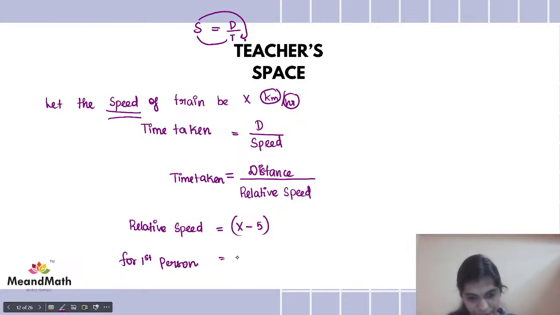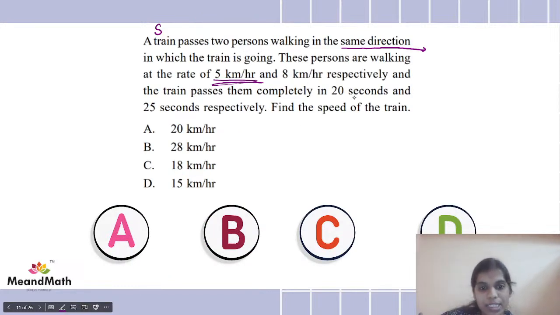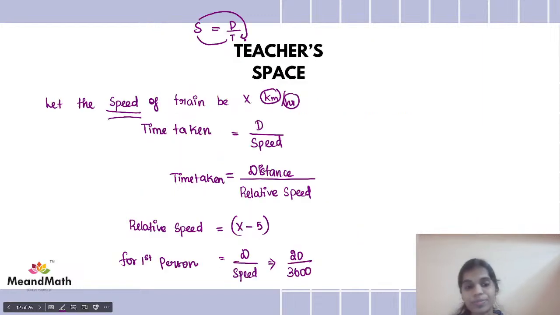Distance divided by relative speed equals 20 divided by 3600, because the first person's time is 20 seconds.